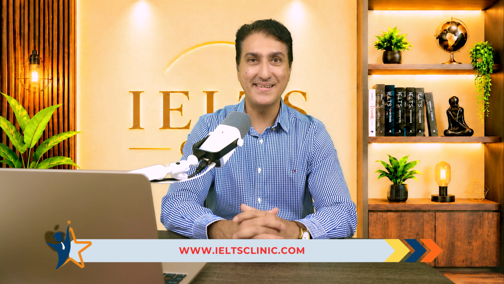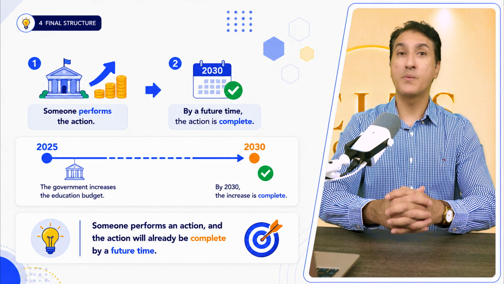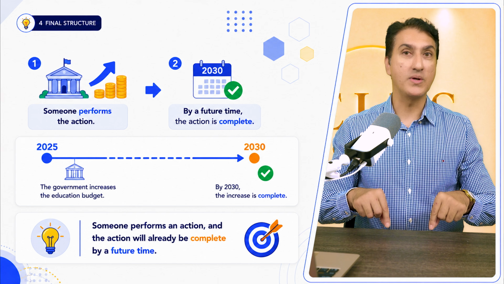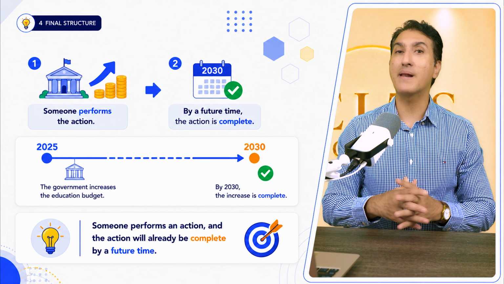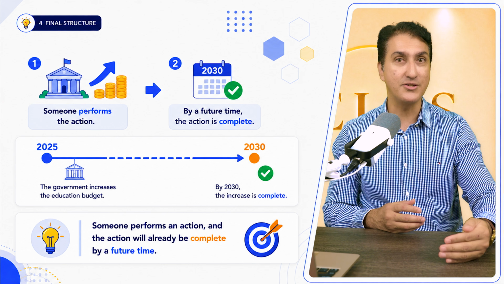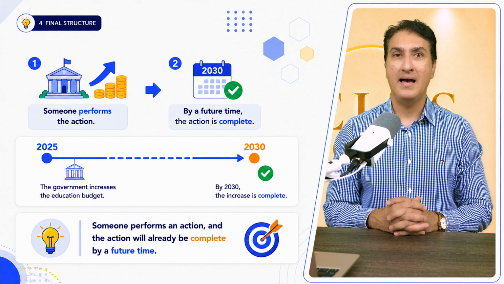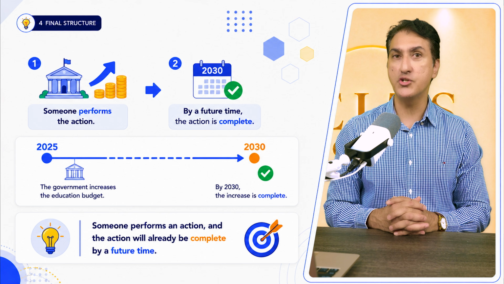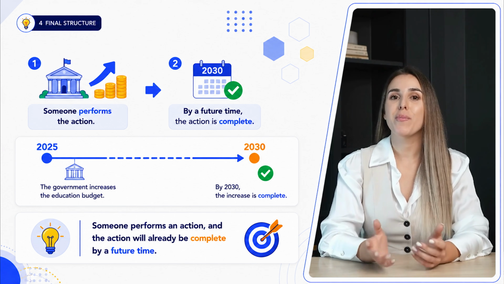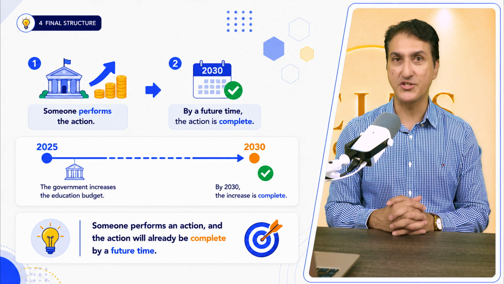I know, it certainly looks longer, but let's break it into smaller pieces. Suppose today is 2025. The government plans to increase the education budget. By 2030, that increase will already be finished. Anna, who increases the education budget? The government. Good. Now, here's my second question.